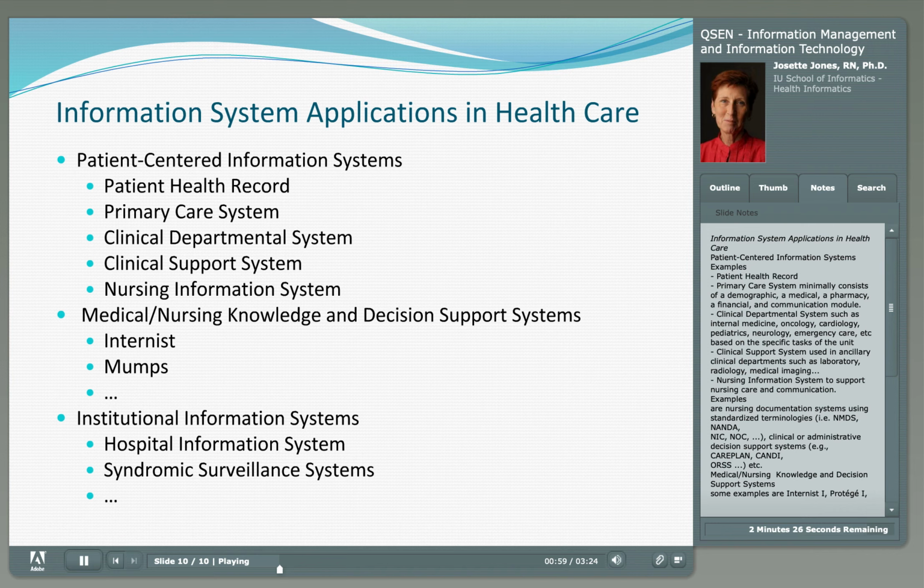Another example are primary care systems. They consist of a demographic, a medical, a pharmacy, financial, and communication module to support healthcare delivery. And we have clinical departmental systems such as internal medicine, oncology, surgery, orthopedics, pediatrics, neurology, emergency care, based on the specific tasks of a unit. We also have clinical support systems used in ancillary clinical departments such as laboratory, medical imaging, and radiology.